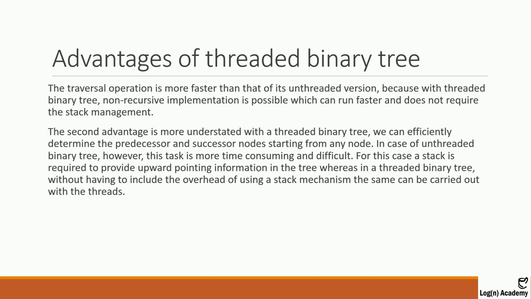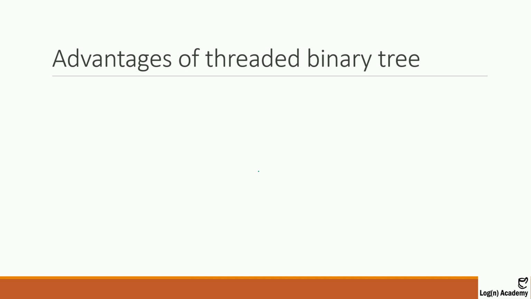In that case, a stack is required to provide upward pointing information in the tree, whereas in a threaded binary tree, without the overhead of the stack mechanism, the same can be carried out with the threads. So this second point again focuses on the fact that we can point to the parent without maintaining a stack, and we can then traverse from upward to downward and from downward to upward.